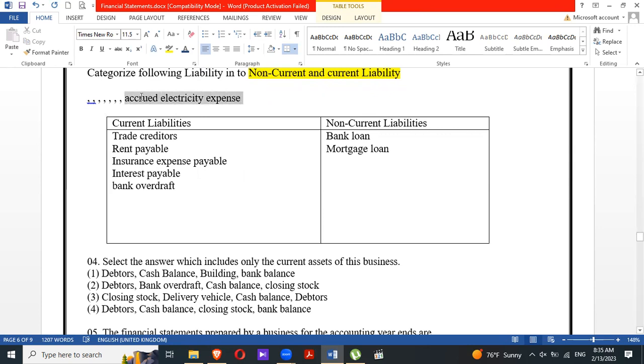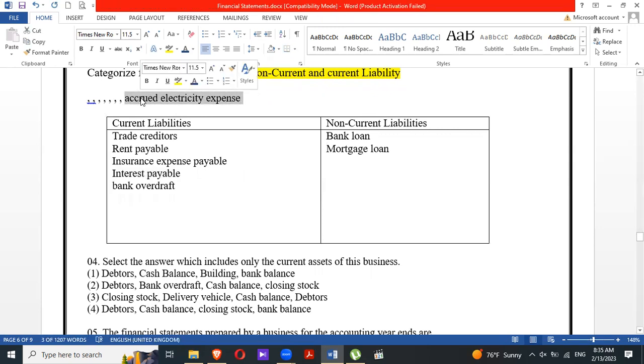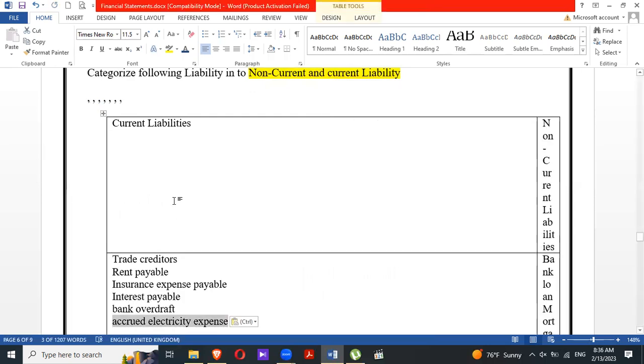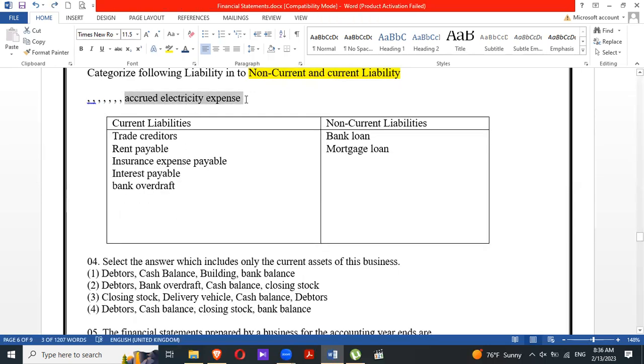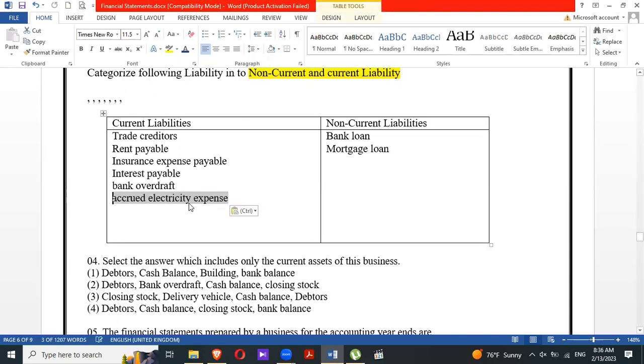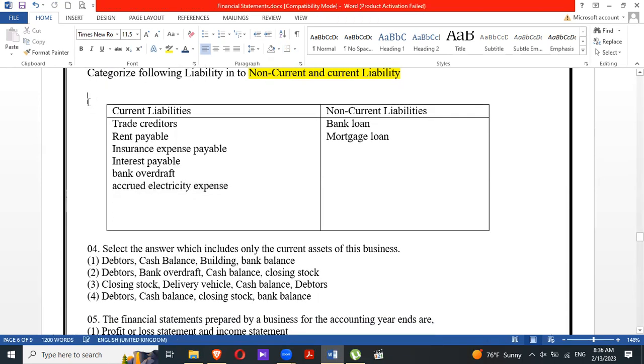Accrued electricity expense also comes under current liability. That means it should be settled in less than 1 year, a short time period. So here we have identified trade creditors, rent payable, insurance expense payable, interest payable, bank overdraft, accrued electricity expense.